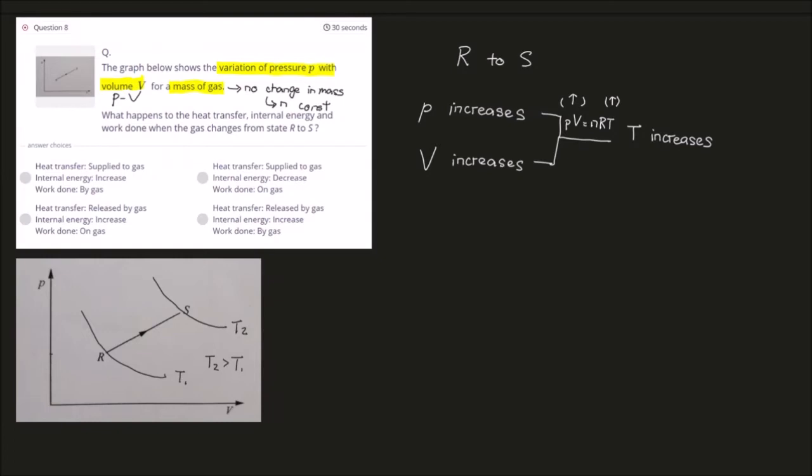We know that internal energy you can represent with the formula U equals f over 2 nRT.